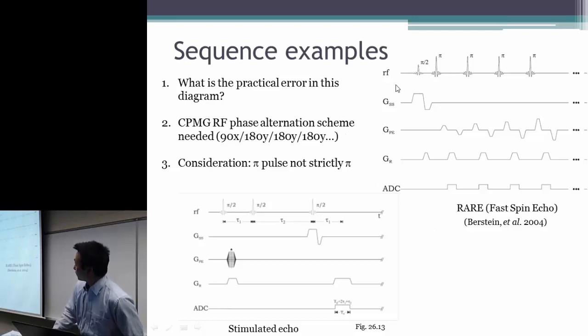Okay, so here's another example. We saw this fast spin echo before.